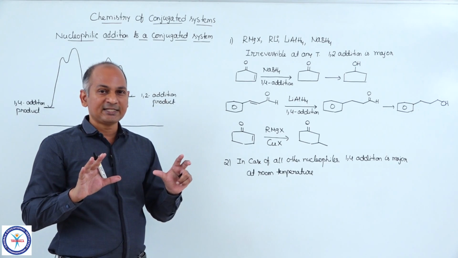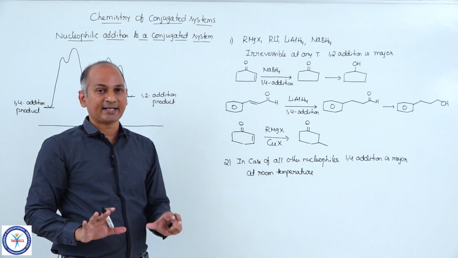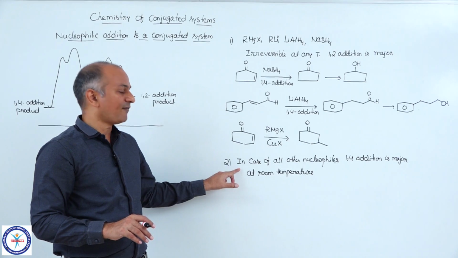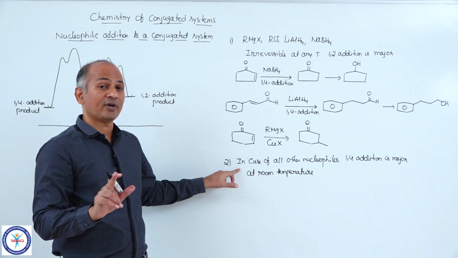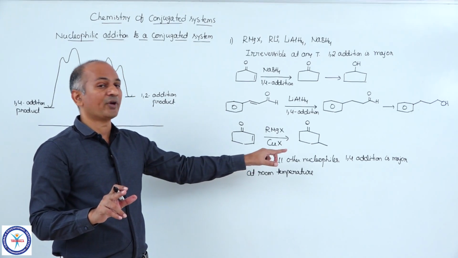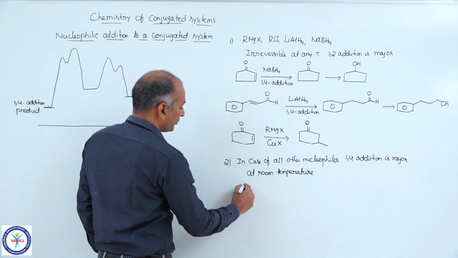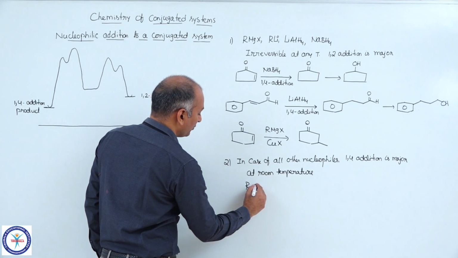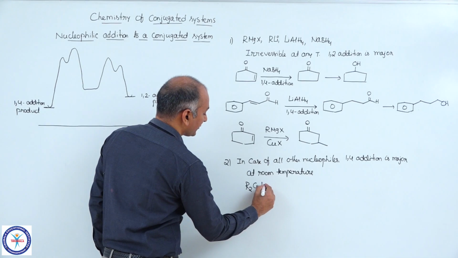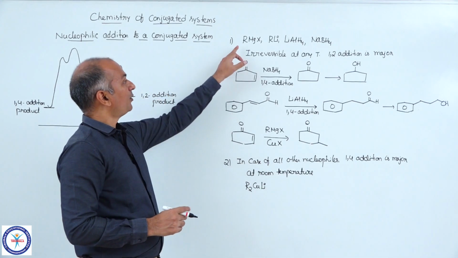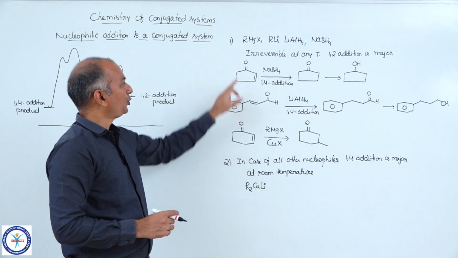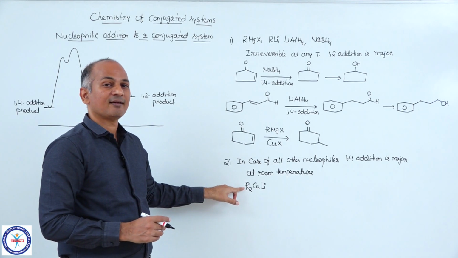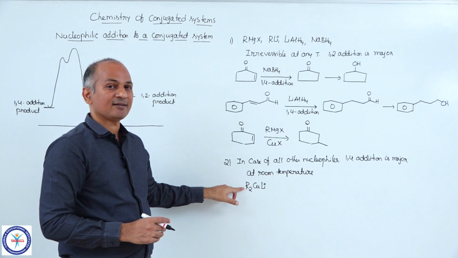So if the temperature is not mentioned in the exam, then in the case of all other nucleophiles, you should go for 1,4 addition. And examples, if you see R2CuLi, organometallic compounds, 2 are here, 1 is here, Gilman's reagent.